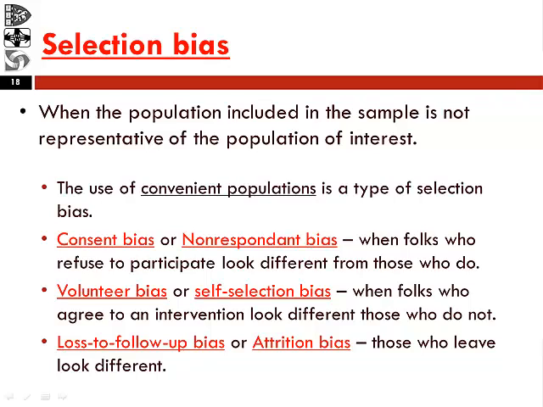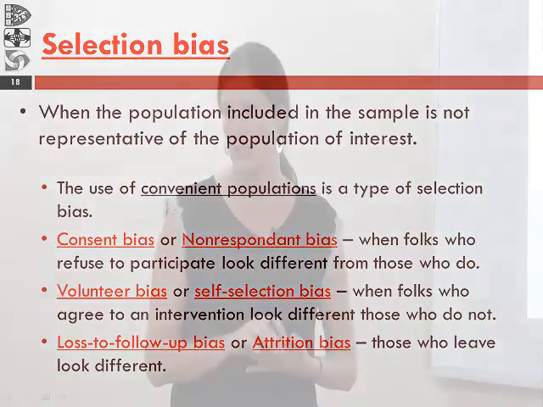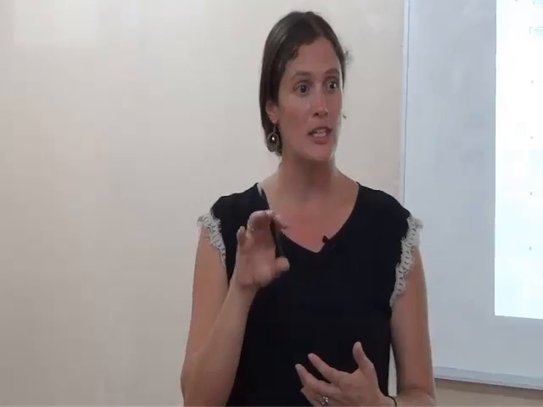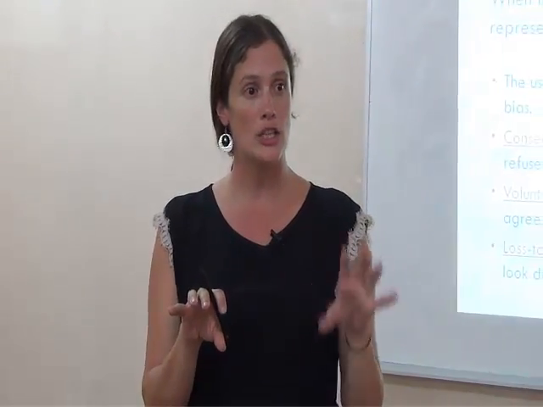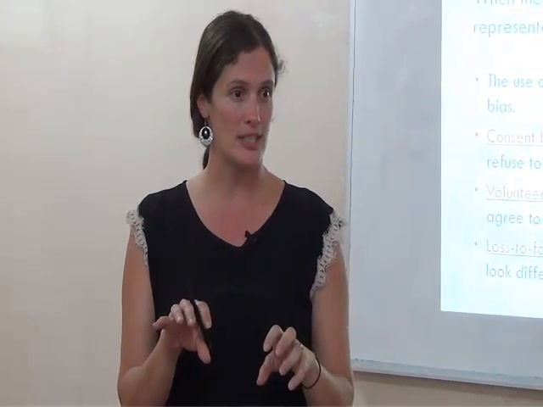Are they not in our program because they died? Are they not in our program because they have defaulted? So not having information on the people that we have lost to follow up could introduce a bias in our results. So all of these are issues of selection bias. The population in our study may not look like the population that we're really interested in.